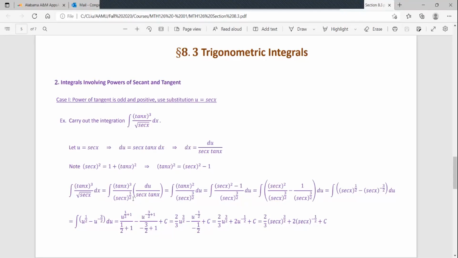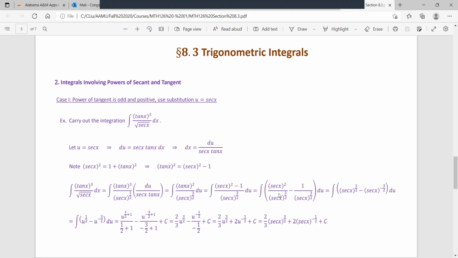Okay. Now you can use the identity tangent x squared equals secant x squared minus 1. So then you divide by secant x to the 3/2. So what you do, you just break up into 2 fractions.